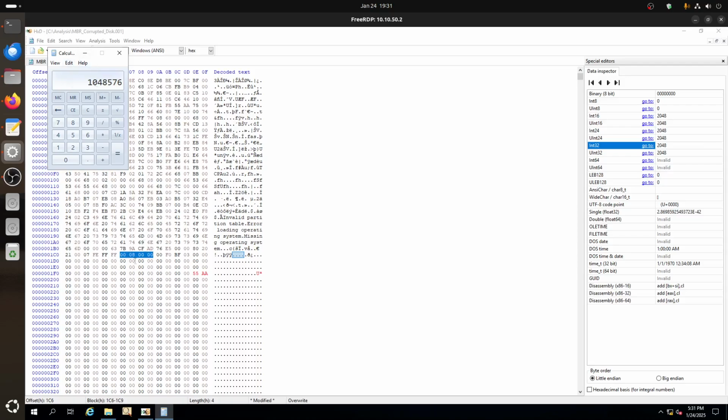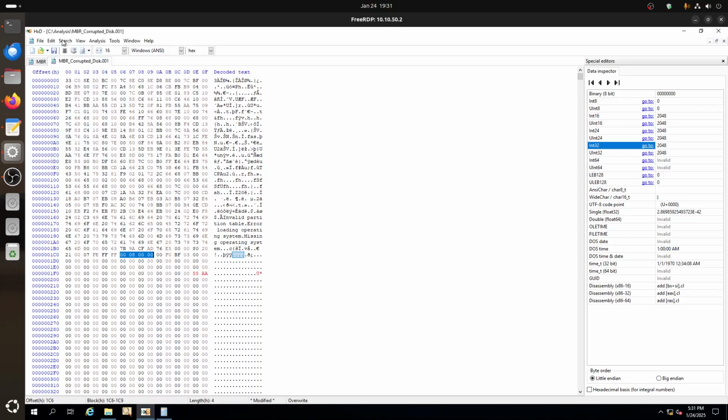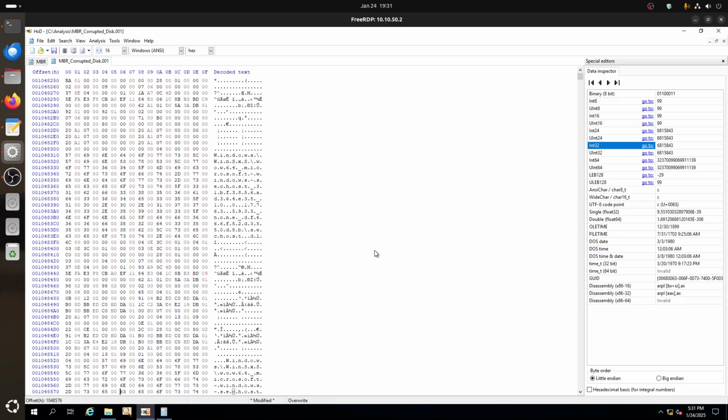You can see because the zeros it's almost symmetry. So if I copy this 1048576, and I say search, go to, most important, don't forget to click decimal here. That's my mistake. Now because we have the full disk, we can go now.